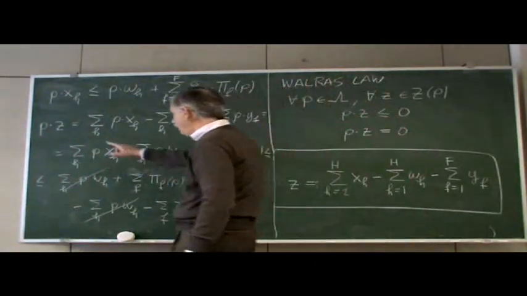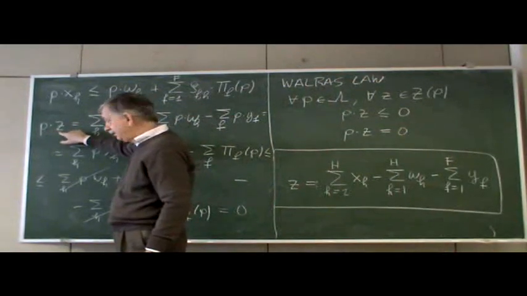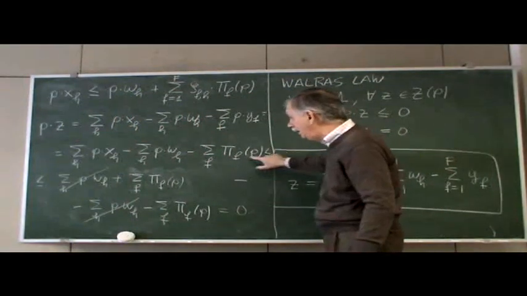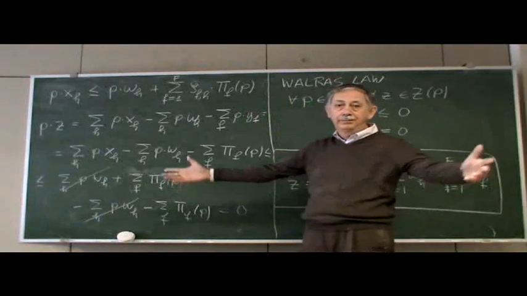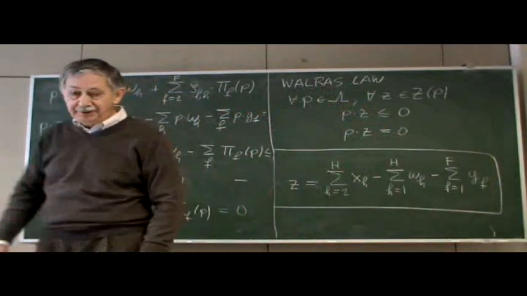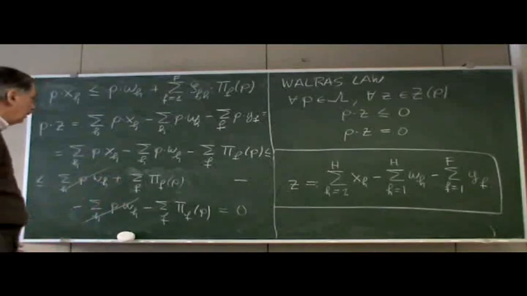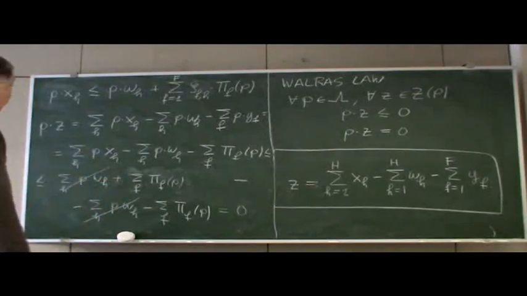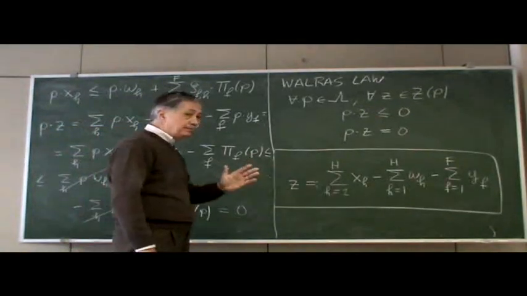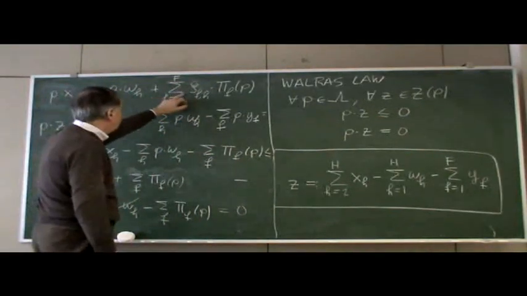Conclusion, you have that the total value of the excess of demand is less or equal than Z. The theorem is proved. In the particular case in which preferences are monotone or locally non-saturated, you remember each consumer has an expenditure which is equal to his initial wealth.